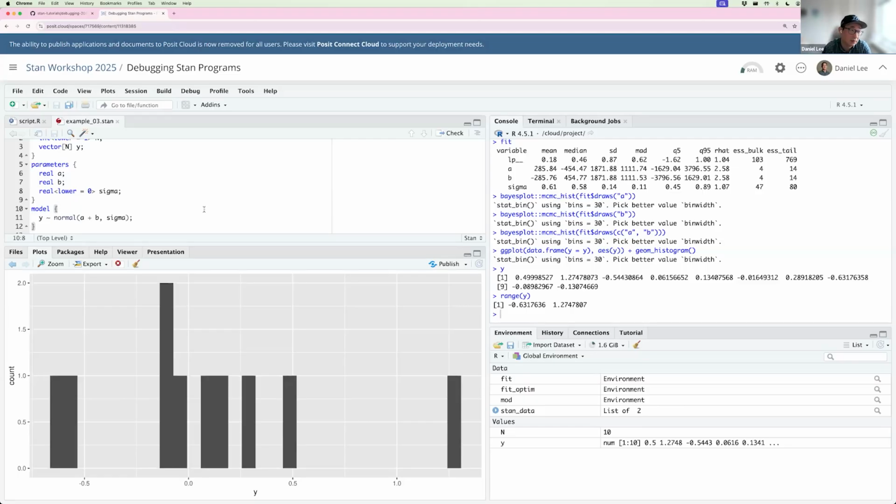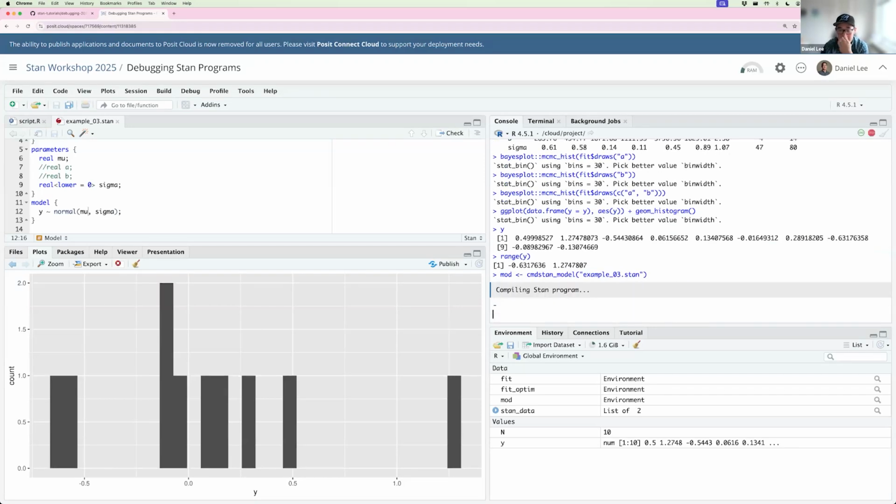Remove A or B would be the easiest, sure. That's definitely, yeah. So, real mu. All right, so this is definitely going to work, right?